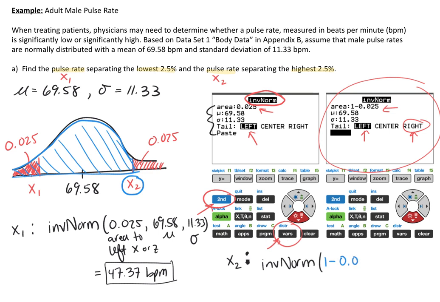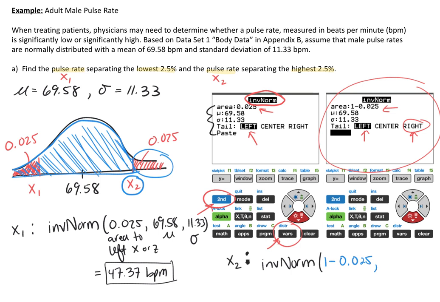So you're going to have to type in 1 minus the area to the right. And the reason why I'm doing 1 minus is because the total area under the curve is 1. So if I know that the area to the right is 0.025, then if I subtract it from 1, it's going to give me the area to the left, which is the area shaded in blue. So that's what you would type in.